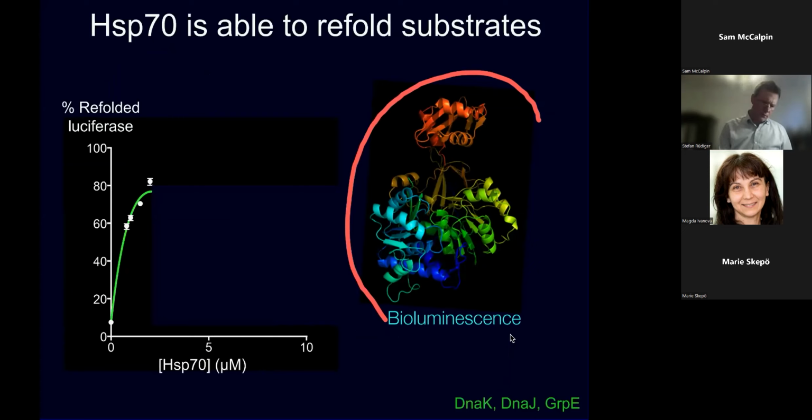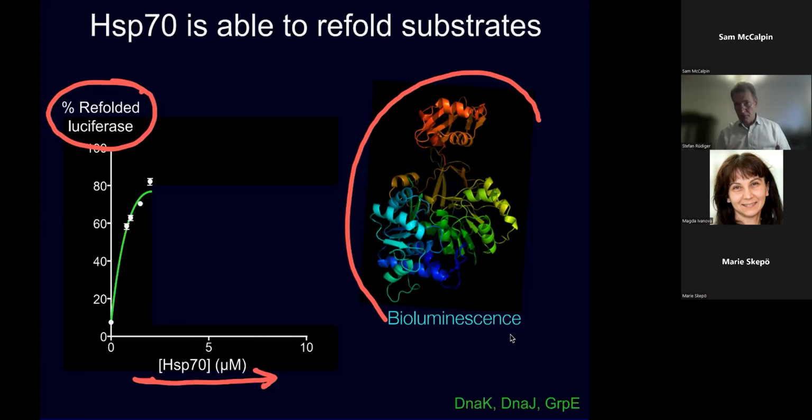Now, we can measure the luminescence of the luciferase, and we can, for example, increase the concentration of an HSP70 machinery and look, can it refold the protein? Now, titrate in here HSP70. Actually, we use the E. coli system, which is called DnaK.